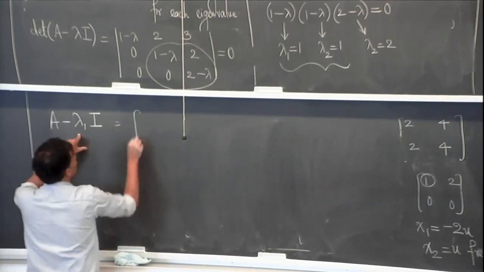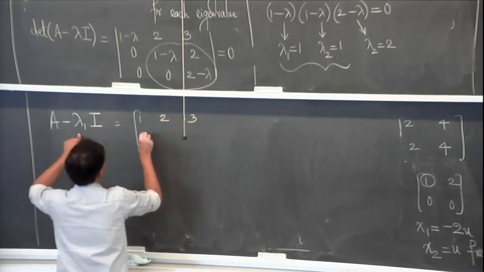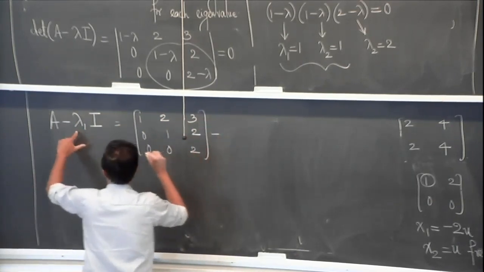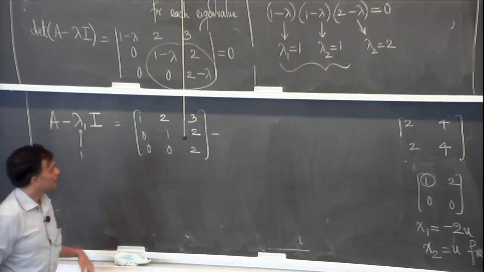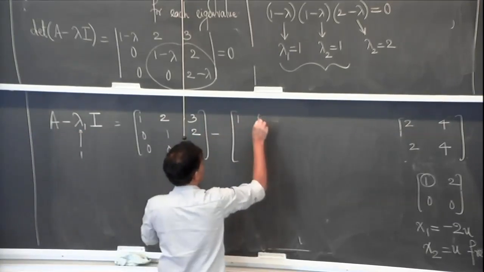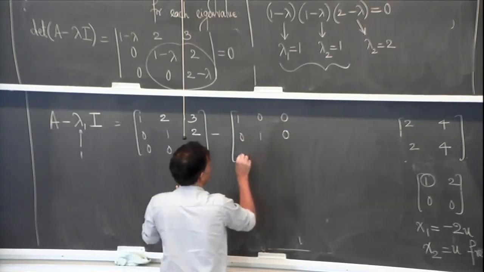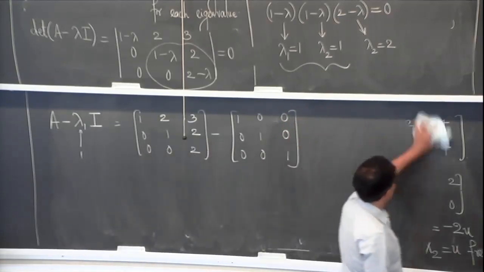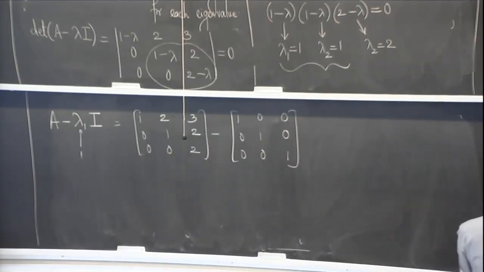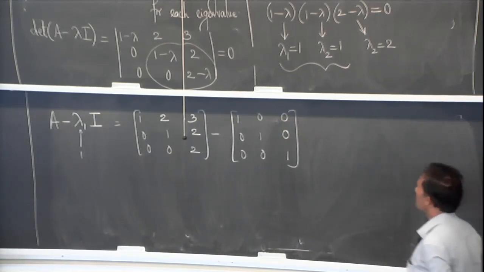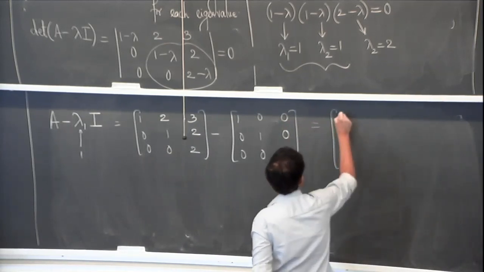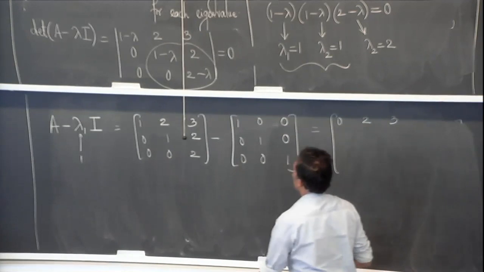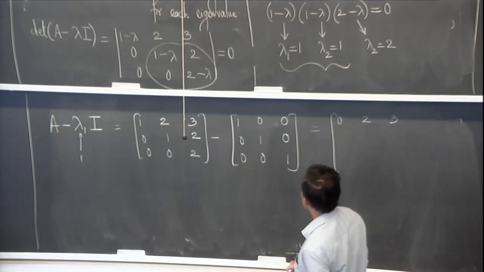And that's going to be 1, 2, 3, 0, 1, 2, 0, 0, 2. Lambda 1 is 1. Minus the 3 by 3 identity matrix 1, 0, 0, 0, 1, 0, 0, 0, 1. Well, that gives you 0, 2, 3, 0, 0, 2, and 0, 0, 1.